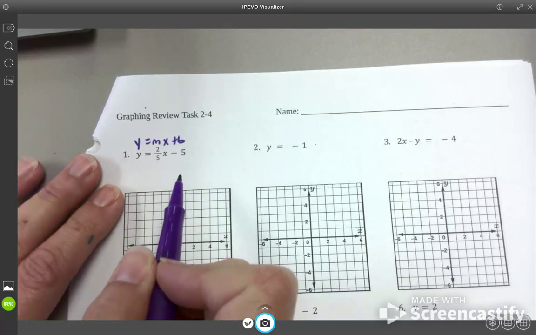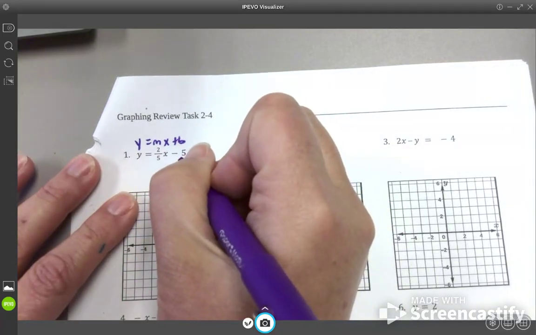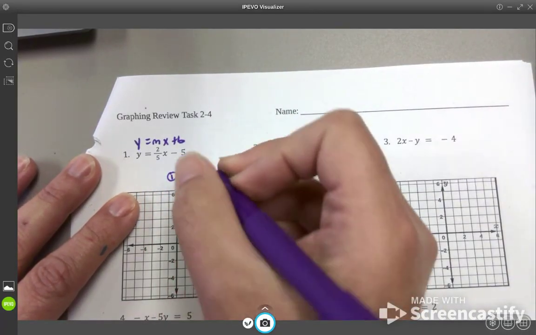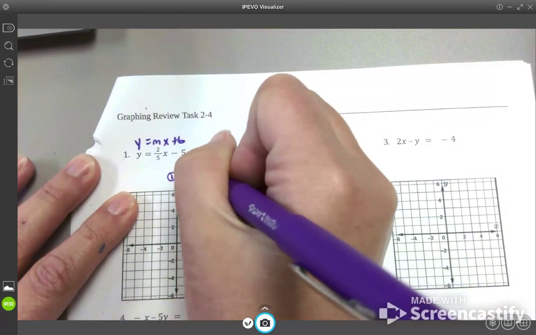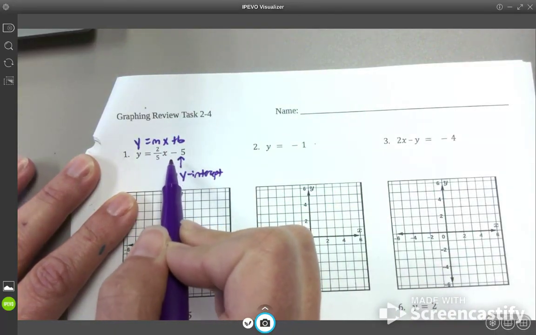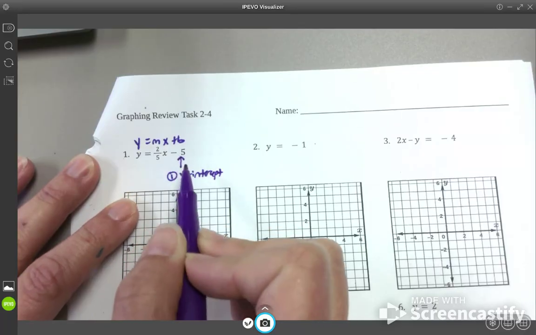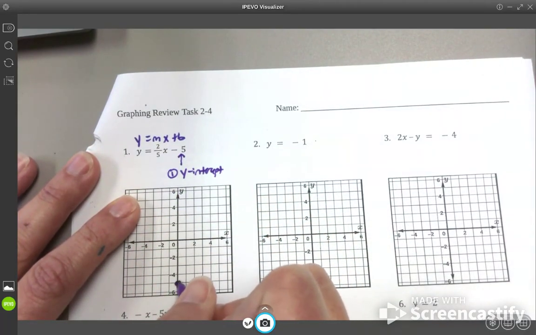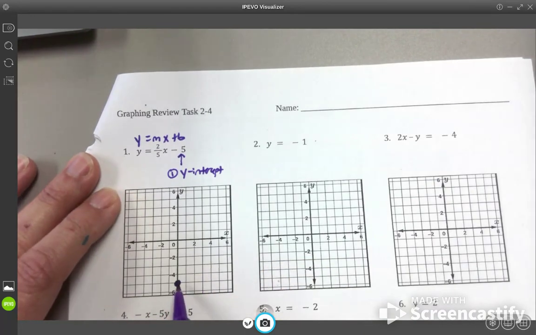When you're in slope-intercept form, since these are notes, I'm going to put a little 1 by it, the first thing you need to look at and graph is that y-intercept. Since this equation ends with a -5, that means that this line crosses my y-axis at -5. So you have to graph that first because that's your starting point.